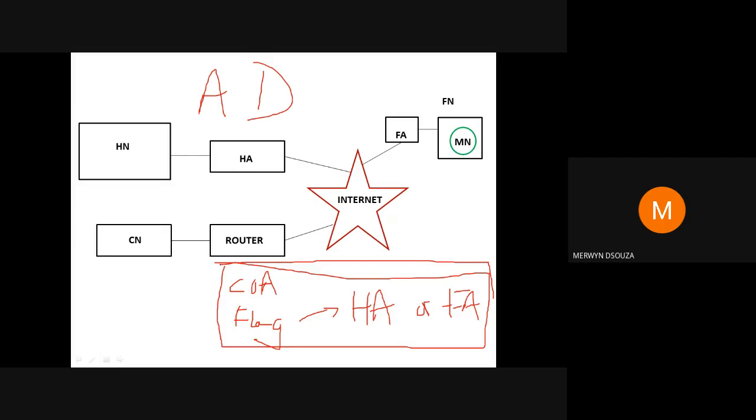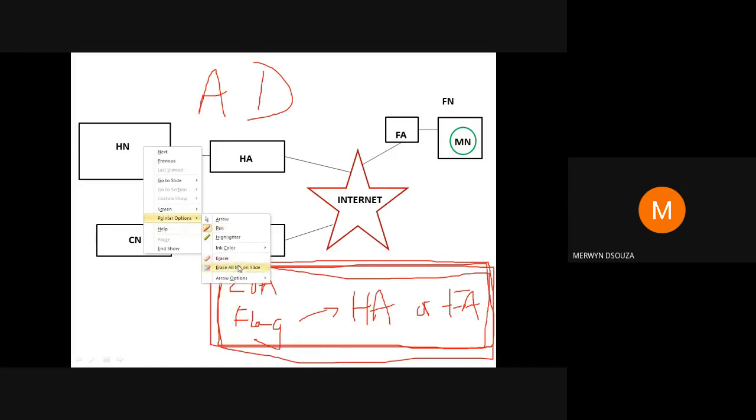These messages contain one or more care of addresses, and a flag that indicates whether the message is sent by a home agent or a foreign agent. Once the MN receives this message, the MN can register with that agent and obtain a care of address. Clear?